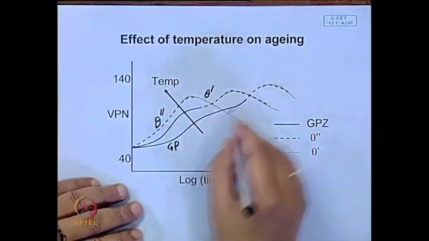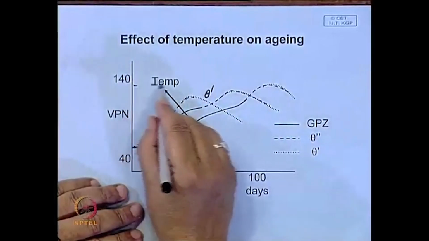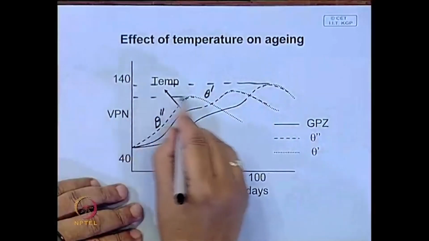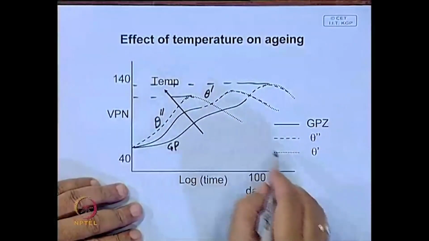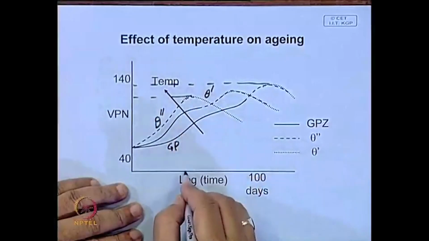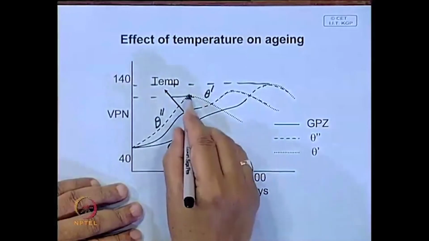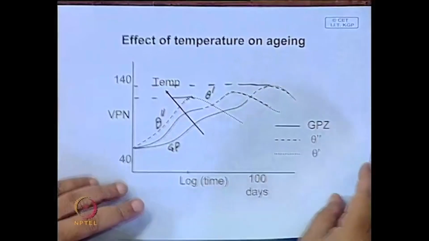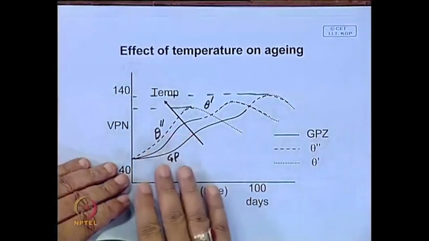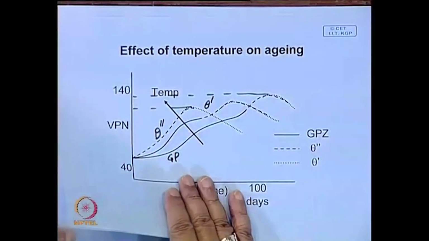And you will also see that the higher the temperature, the peak hardness comes down, and it is attained in a shorter time. That means the process of precipitation is faster. So, here it will be difficult to control the precipitation process. Therefore, to get a good amount of strength, the lower aging temperature will be preferable.